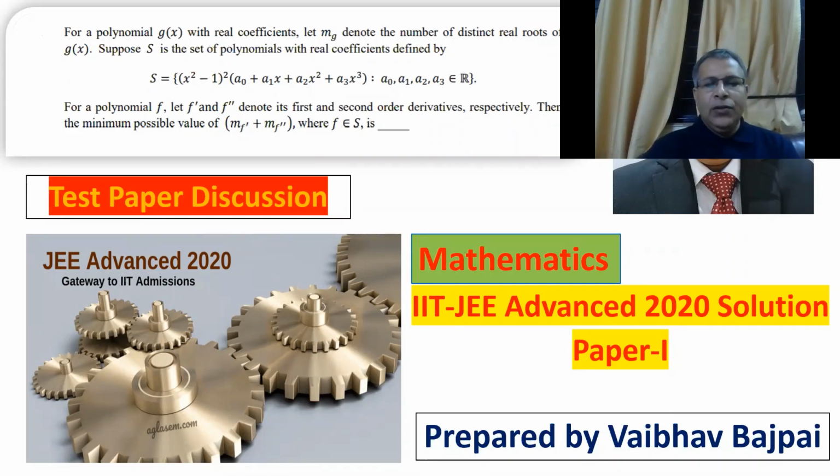A total of 54 questions were asked in physics, chemistry, and mathematics in paper 1, with 18 questions in each subject, and a similar number of questions in paper 2. In my observation, the overall JEE Advanced 2020 paper was of moderate to difficult level.